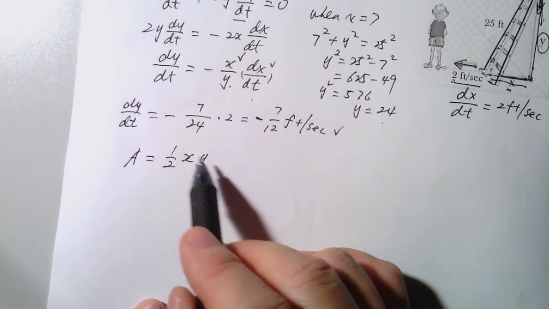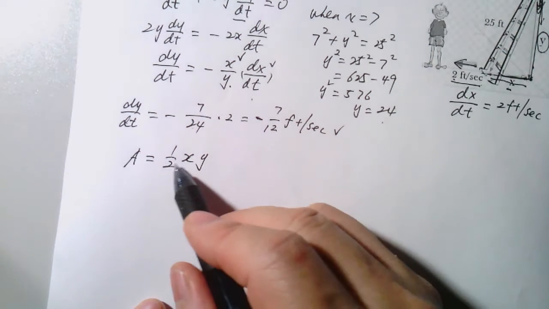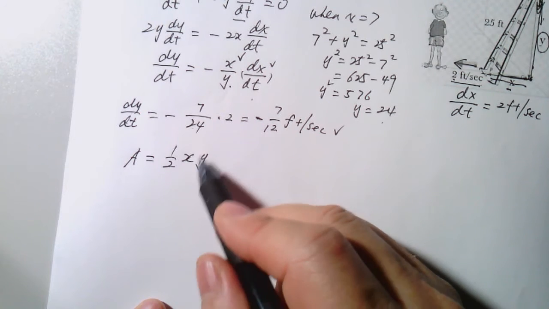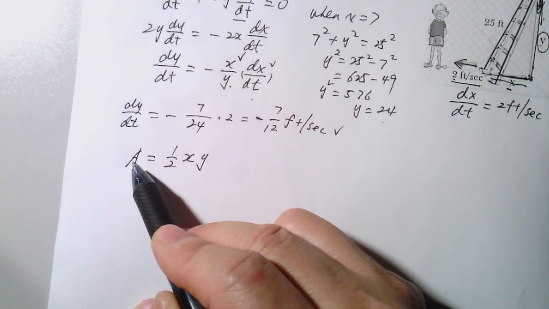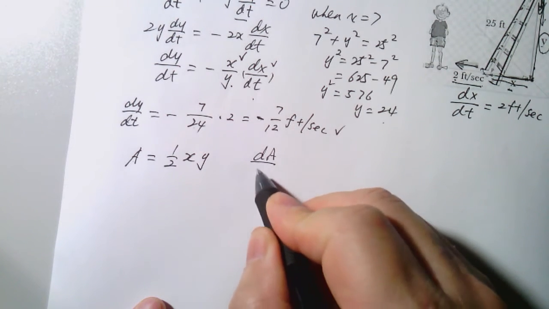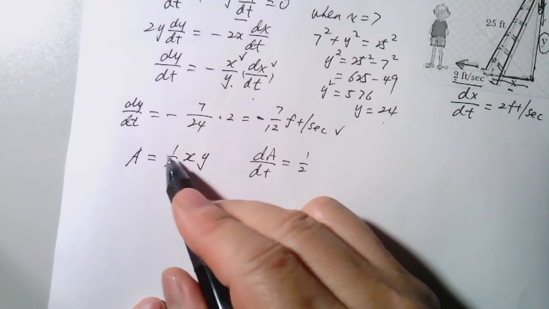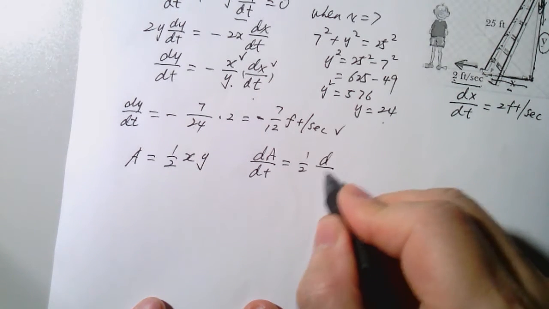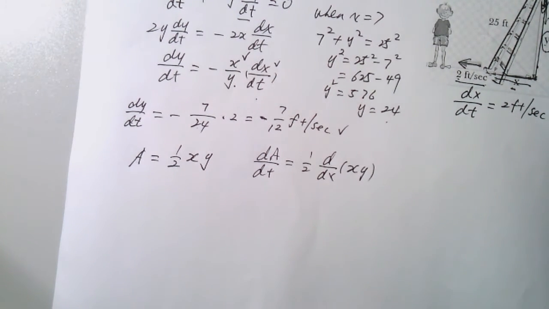Everything depends on time t, because as the ladder moves, x changes with t, y changes with t, and obviously the area changes with t, so we differentiate with respect to t. We factor out the 1/2 and only take the derivative of the product xy.